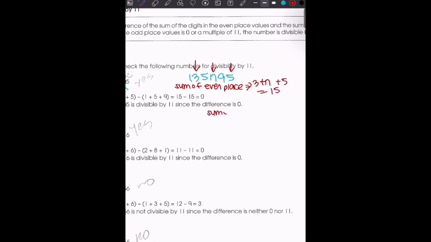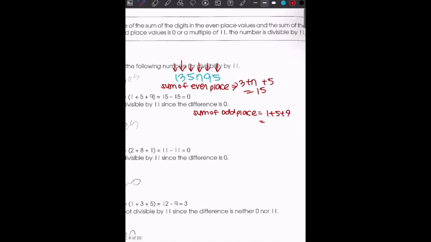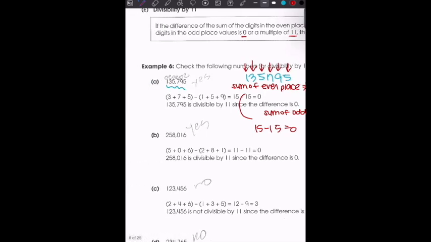And the sum of the digits of the odd place is going to be 1 plus 5 plus 9, since 1 is the first number, 5 is the third number, and 9 is the fifth number. That's going to be 15. The difference between these two sums is 15 minus 15, which is 0. And when the difference is either 0 or a multiple of 11, the number is divisible by 11. So we know that 135,795 is divisible by 11.